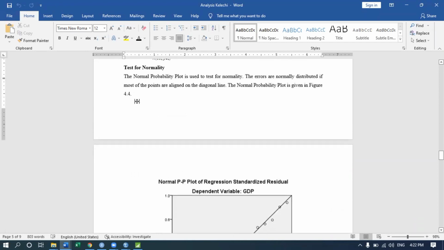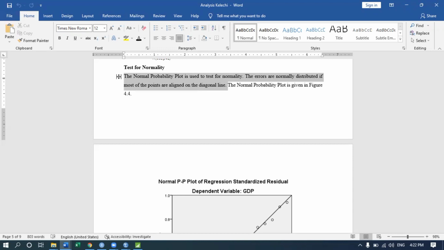Then this for normality. The normal probability plot is used to test for normality. The errors are normally distributed if most of the points are aligned on the diagonal line. So I told you that this method is based on what you are seeing and may be different. I can look at it and say it's normal. Another person may look at it and say it's not normal.